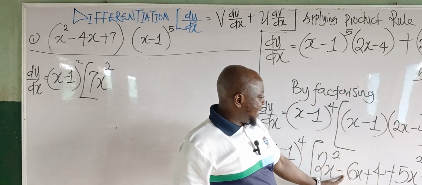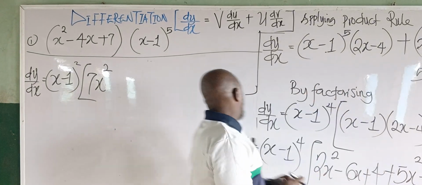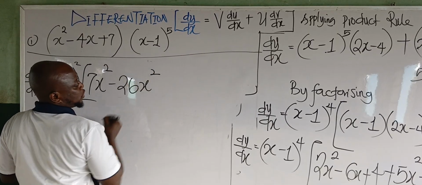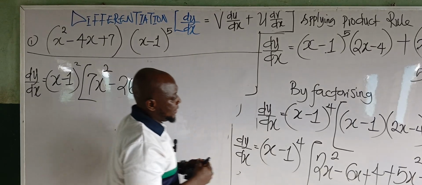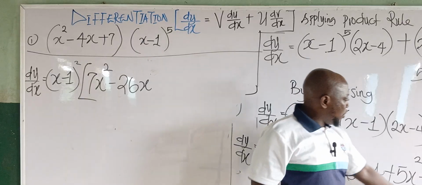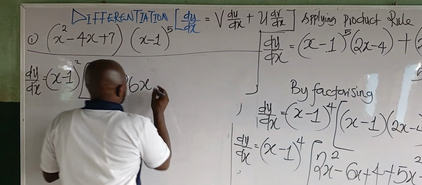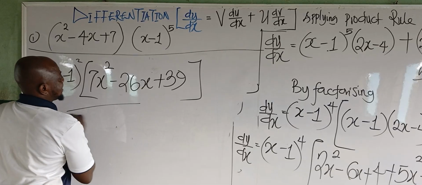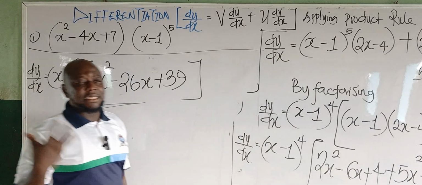Next, I'm having minus 6 minus 20, that will give us minus 26x. Then here, plus 4 plus this will give us plus 39. So I'm having plus 39 here. This is how you differentiate this.